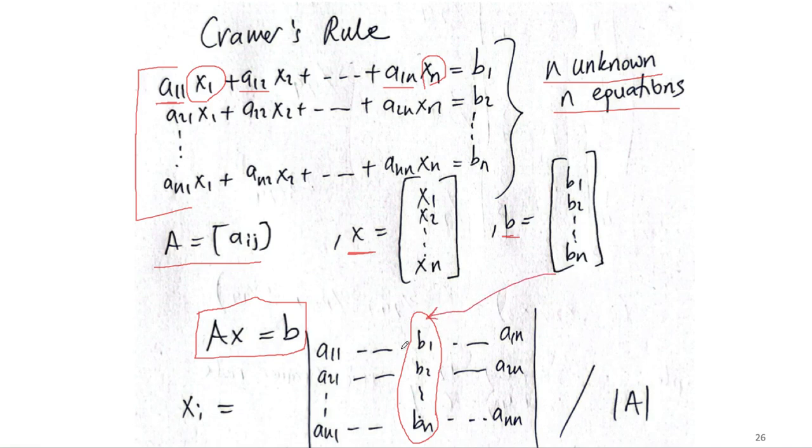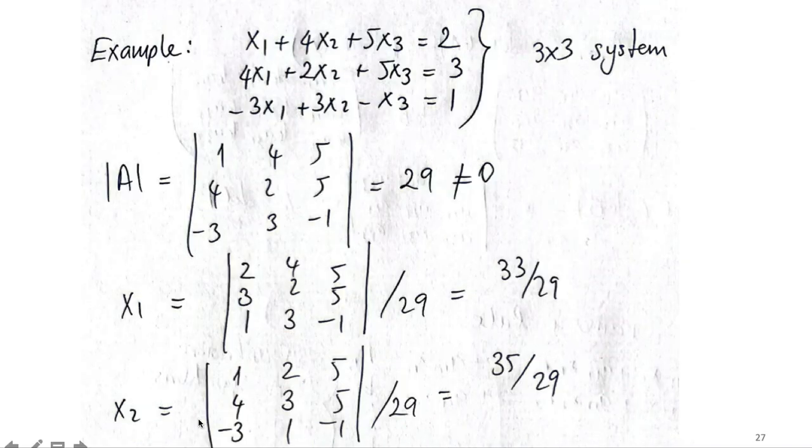So you need to find the ith column in your coefficient matrix A, replace that ith column of A with the b vector, and then divide by the determinant of A. This gives us a scalar, a number, that's the solution for xi. If we repeat this for all the x values, we find the solution of this system. This is called Cramer's rule.